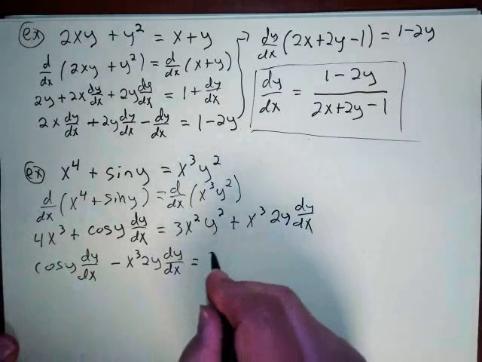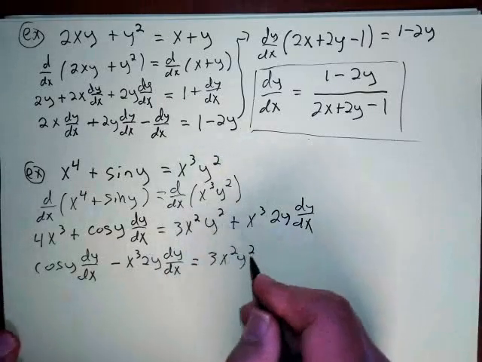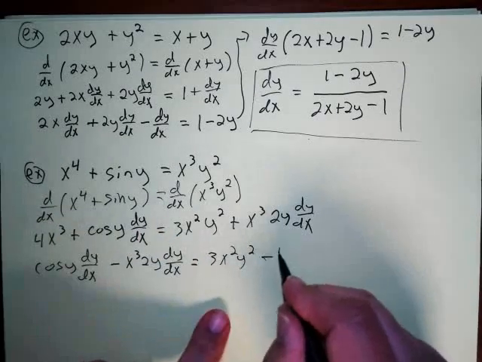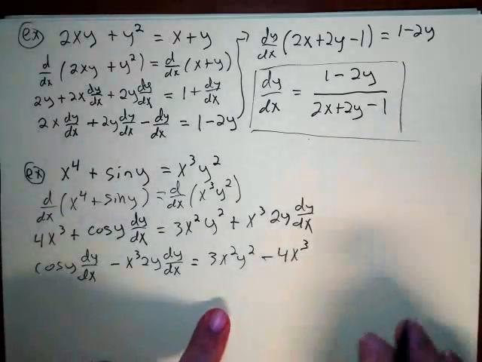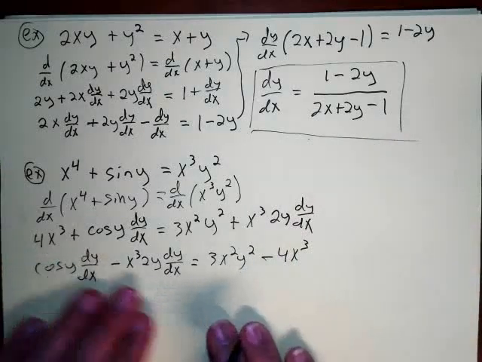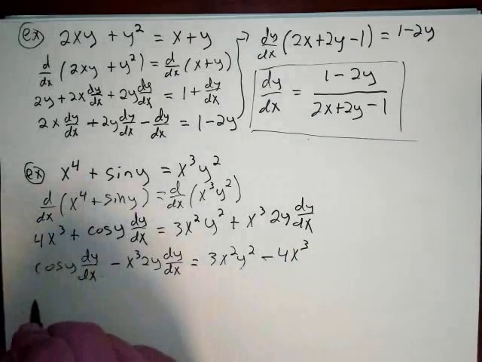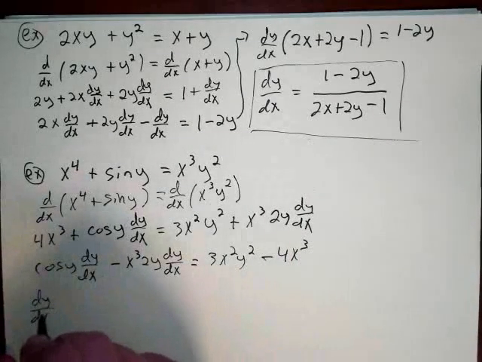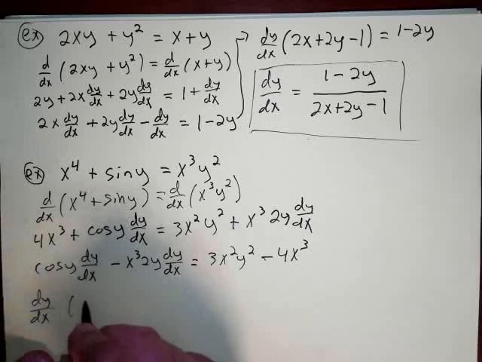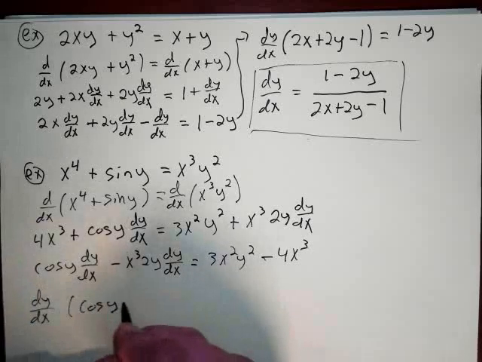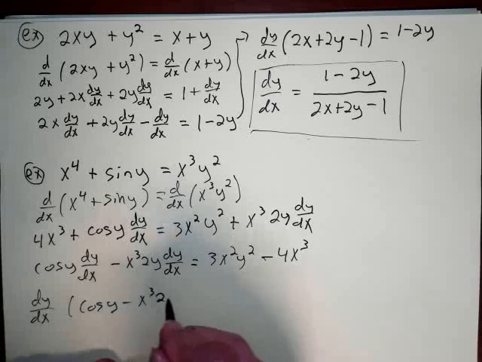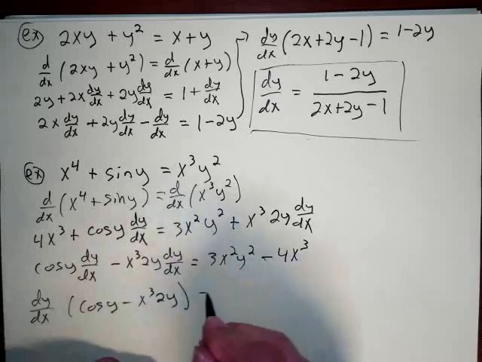And then this will be the 3x squared y squared, but then I'm going to move that over, minus 4x cubed. So it would look like this. Then I could distribute the dy dx out, and then I'm left with just cosine y minus x cubed 2y.